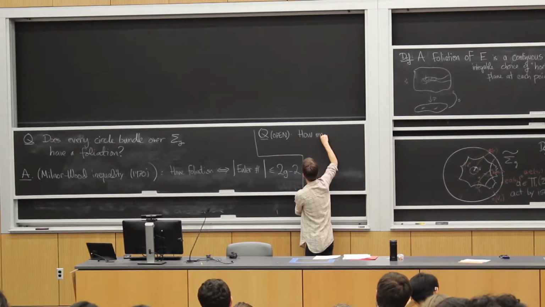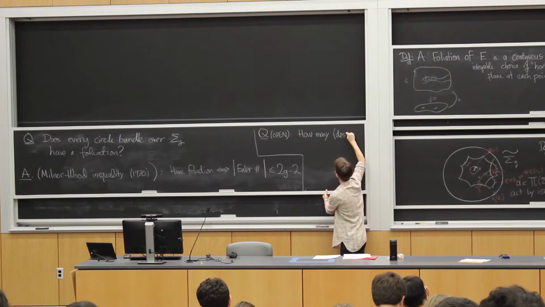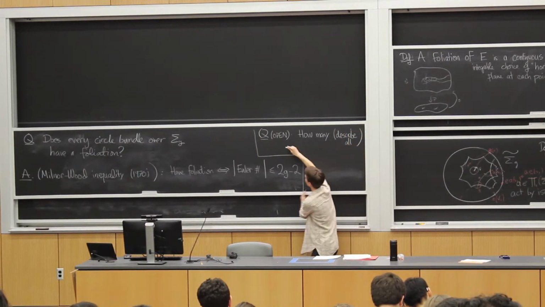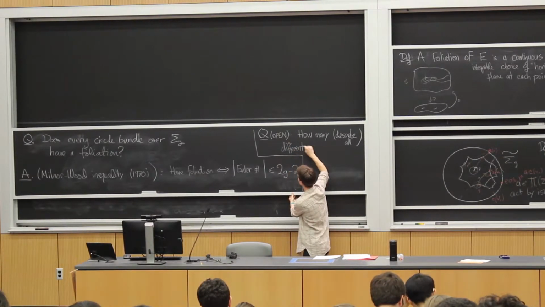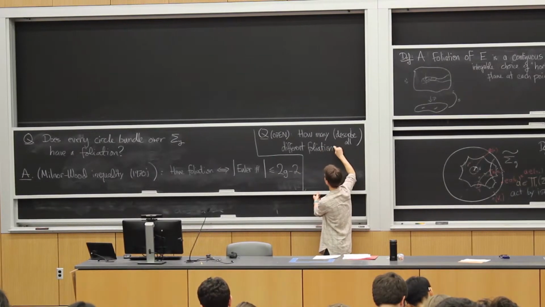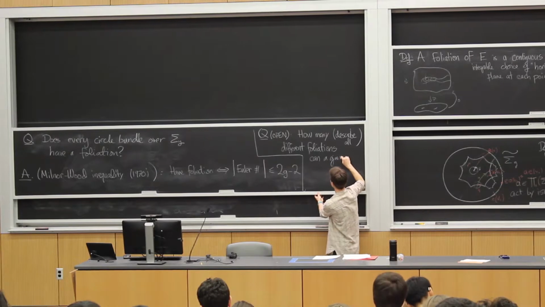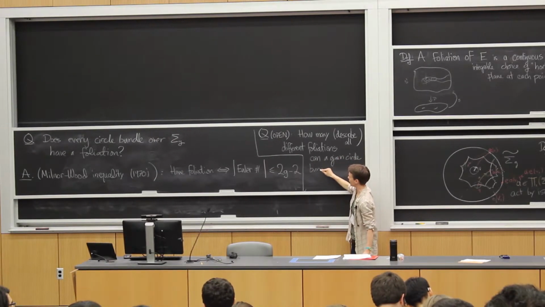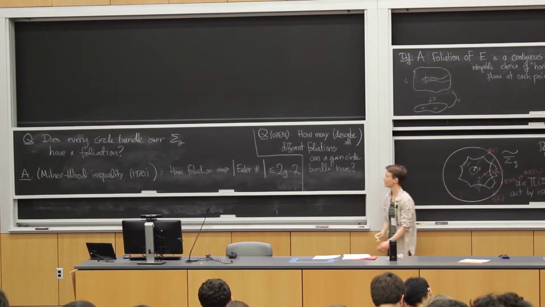How many, or describe all, different foliations can a given circle bundle have? Okay.